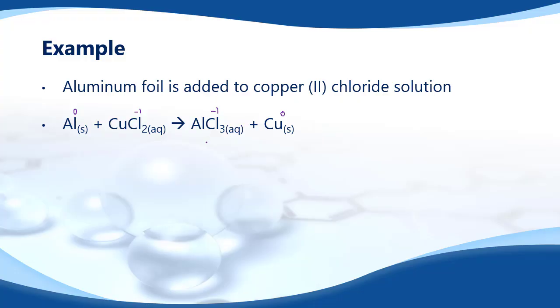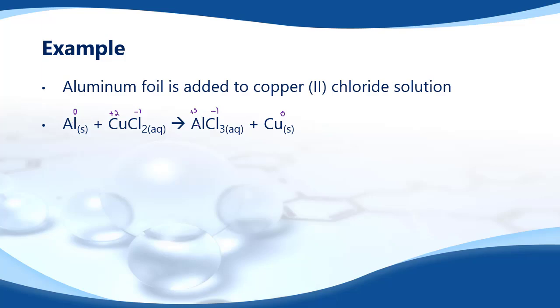Chloride is -1. Aluminum +3. Now again, if you notice, 3 negative 1s and +3 makes 0, which equals here. So that means for this copper, I have 2 negative 1s. This copper has to be +2, right? So now let's see what's changing.